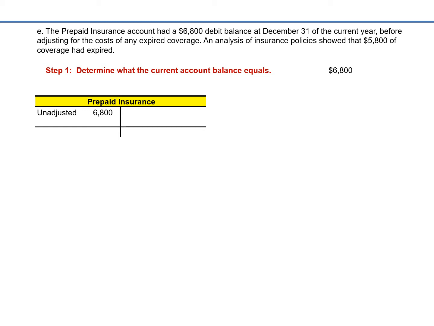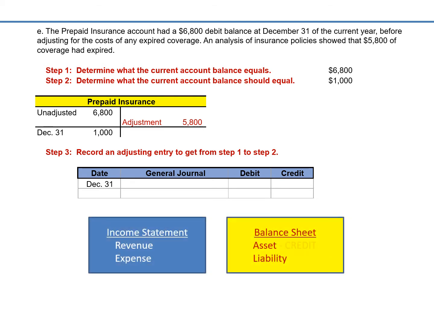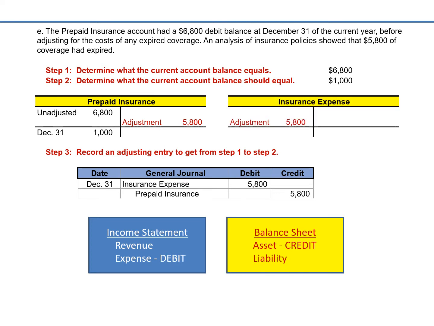It needs to equal 1,000 because they tell us 5,800 is expired, right? And so in order to reduce our asset account prepaid insurance from 6,800 to 1,000, we reduce assets with credits. Credits get posted to the right side of our T account, right? So our journal entry is going to be a credit to prepaid insurance and a debit to insurance expense for that $5,800 that's expired. Okay?